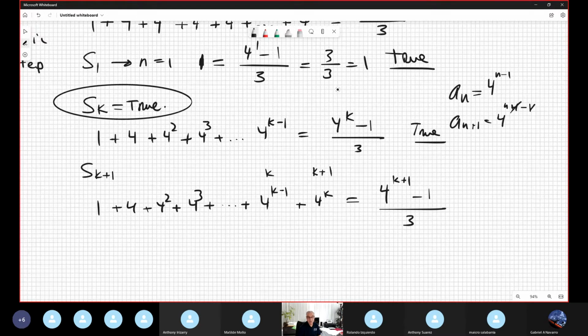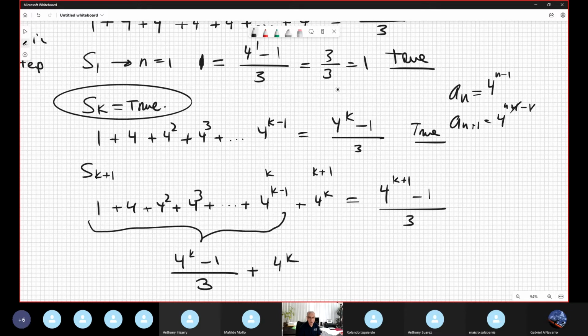Okay, super. And remember the assumption at the beginning: that part is equal to 4 to the k minus 1 over 3, plus 4 to the k should be 4 to the k plus 1 minus 1 over 3.